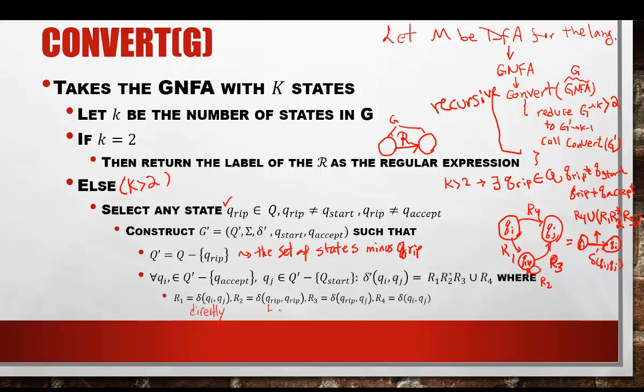R sub 2 is the self loop on QRIP. R sub 3 is going from QRIP to QJ, and R sub 4 is, well, actually I think I messed up these labelings. I'm going to go and correct it in the slides.